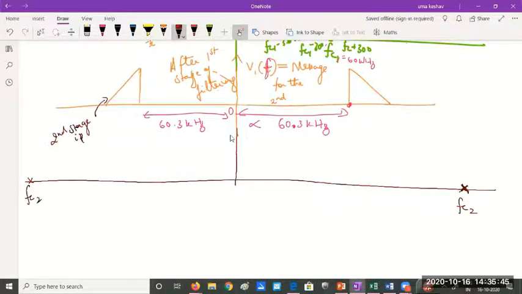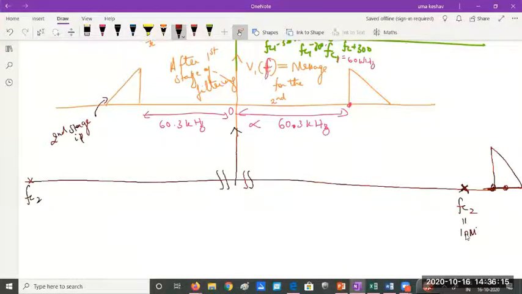So at the second stage, at FC2, I am going to have this spectrum. From FC2, what should be the separation? FC2 is a large frequency, so you can indicate a gap in the spectrum when you can't show a very large difference. See, this is in kilohertz, whereas this will be in megahertz.